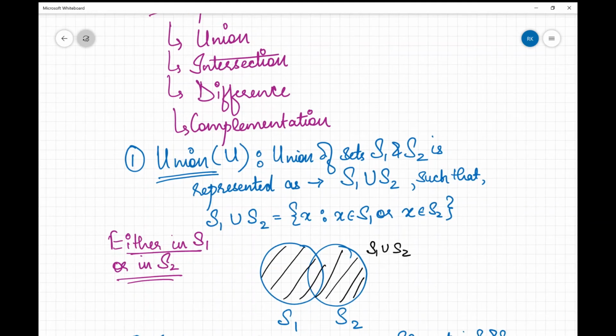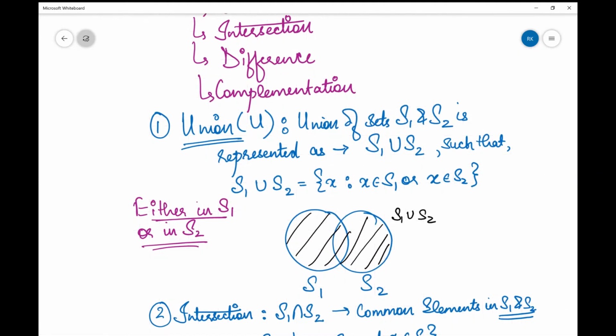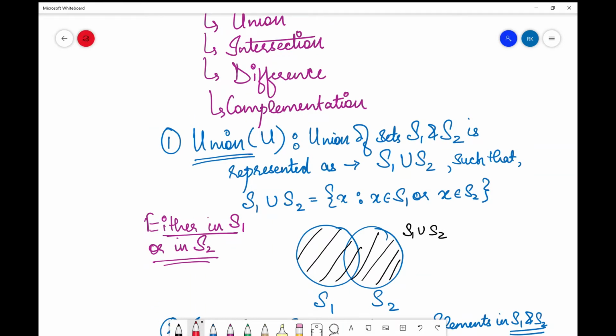But now let's come to its notation, like how is it represented. Union of two sets is represented by this U symbol. If there are two sets S1 and S2, we would write the union as S1 union S2 or S1 U S2.